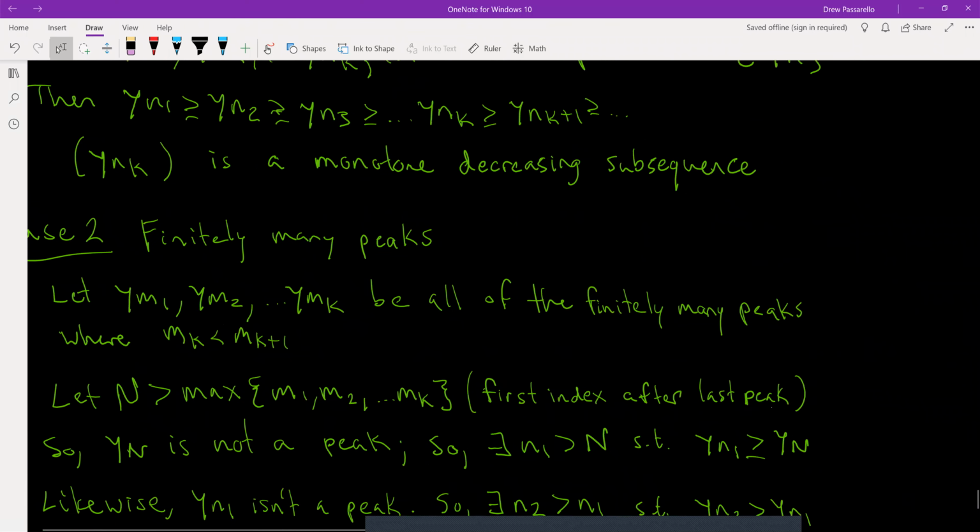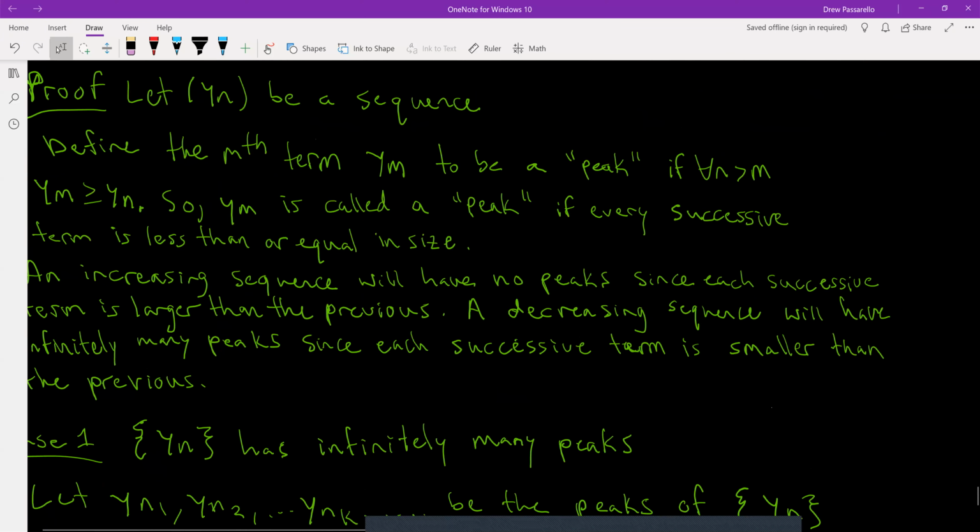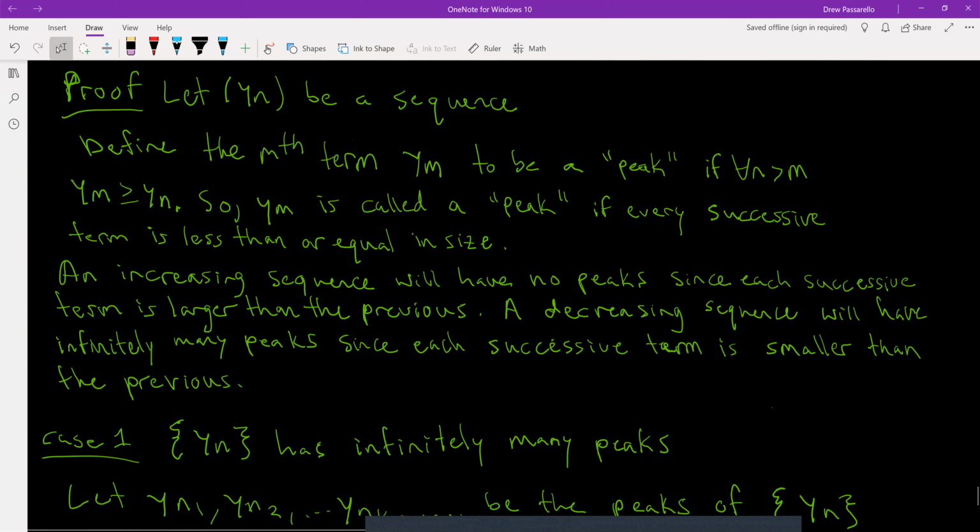Okay, so if the subsequence itself is increasing, then that means it's going to have no peaks. Right? Because based on the definition of what a peak is, the mth term is such that every successive term is going to be less than or equal in size.